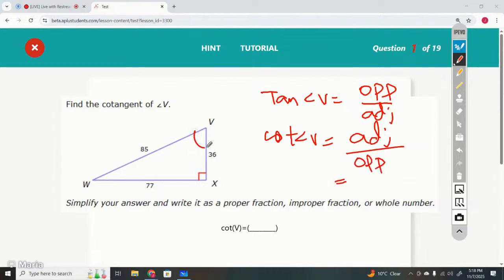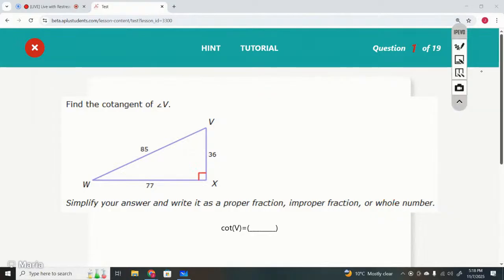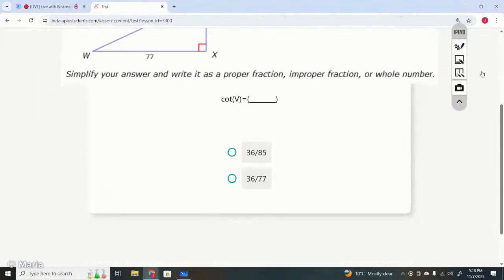So here is angle V. Adjacent is 36 and opposite is 77. So that is 36 by 77. Option number 2 is the correct option.